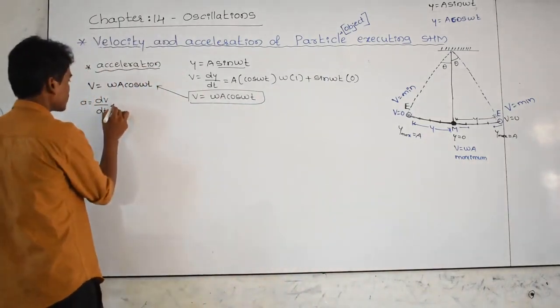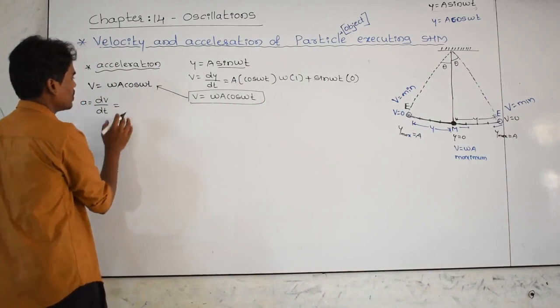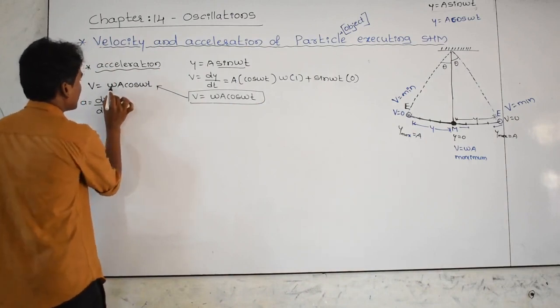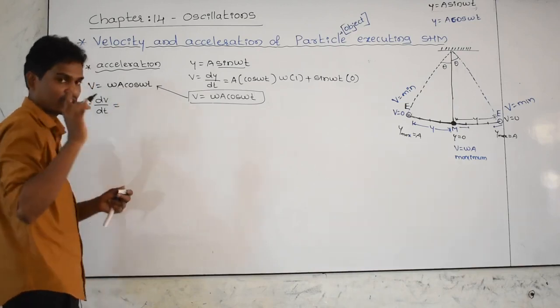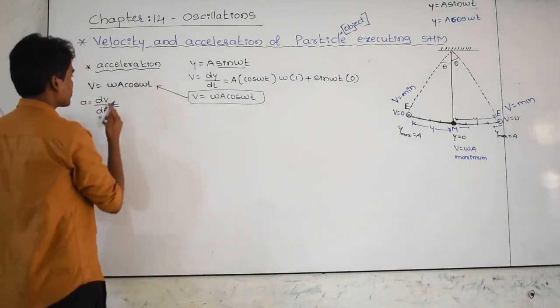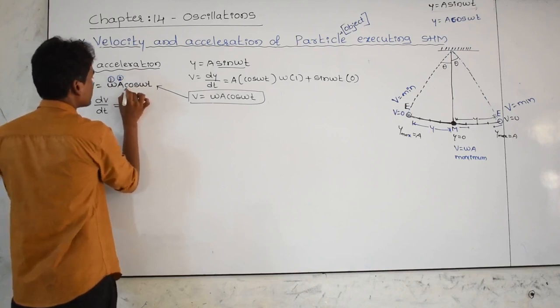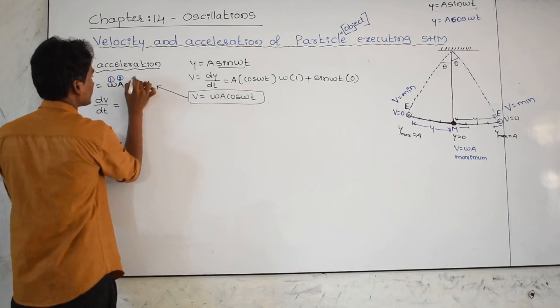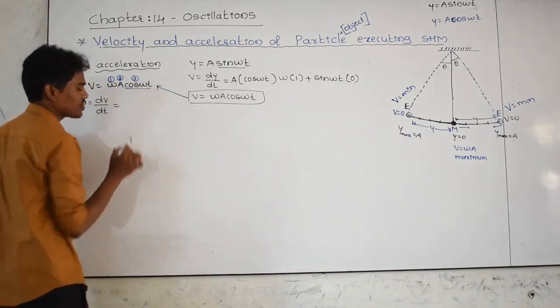Again apply the product rule here. Differentiate this function and keep the other two as they are. Here three functions are there: this is the first function, this is the second function, and this is the third function.